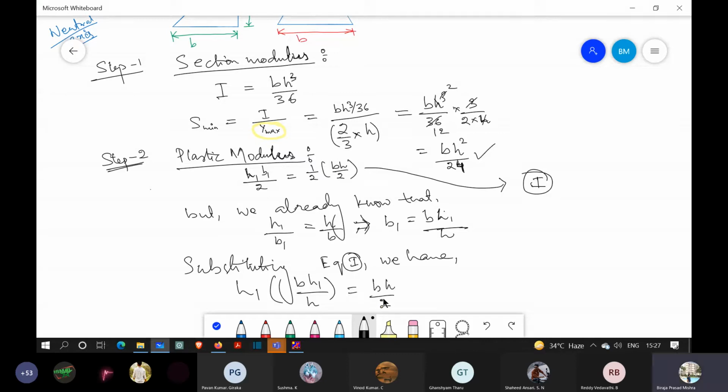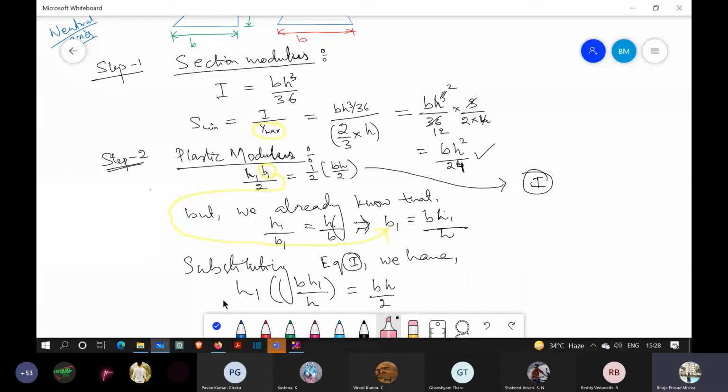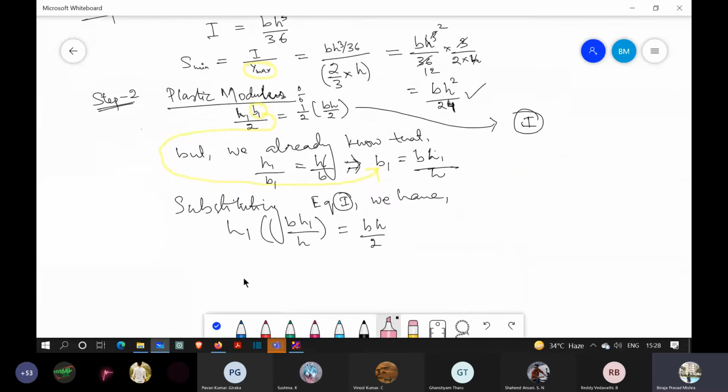In this equation, I have substituted the value of this B1. So this implies, what will be the value of H1 here?